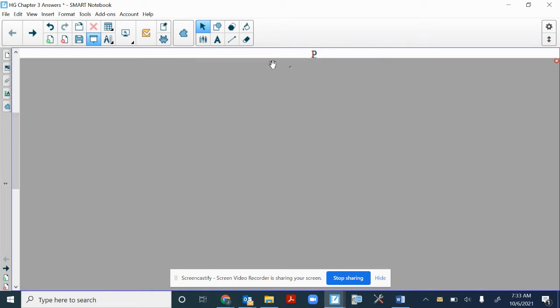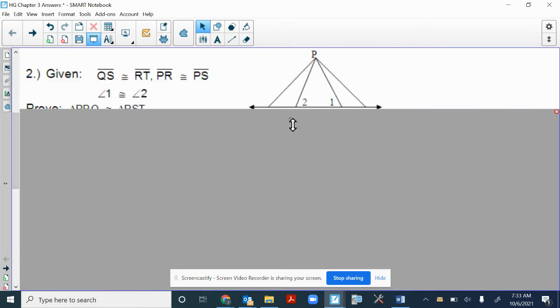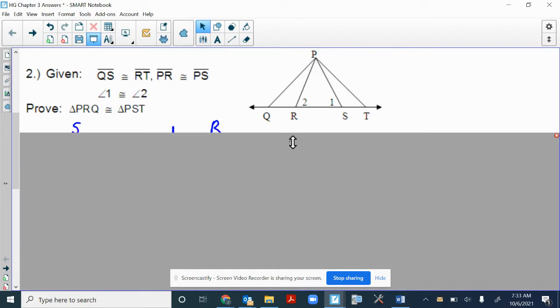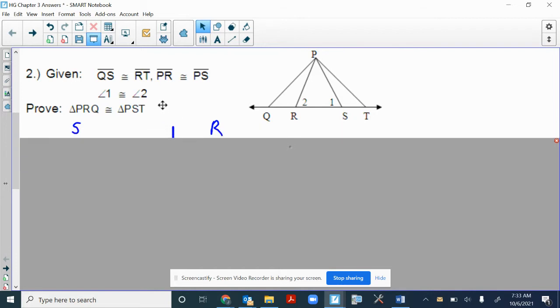All right, so the next number 2 here is just a proof. We are given QS is congruent to RT, PR is congruent to PS, and angle 1 is congruent to angle 2.